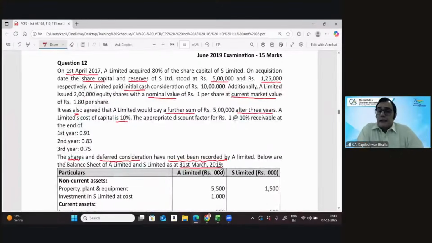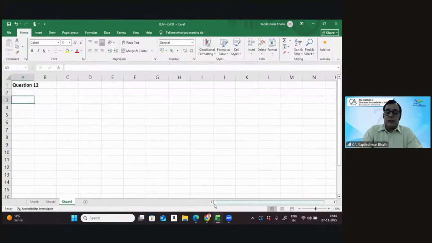So we are given that shares and the deferred consideration are not yet recorded in the books of A. So we're going to put the entries in the books of A Limited, which is the parent company. So we're looking at first of all the journal entries.